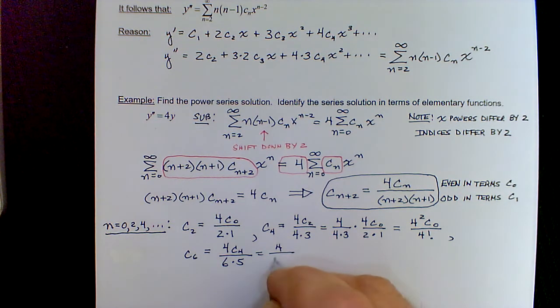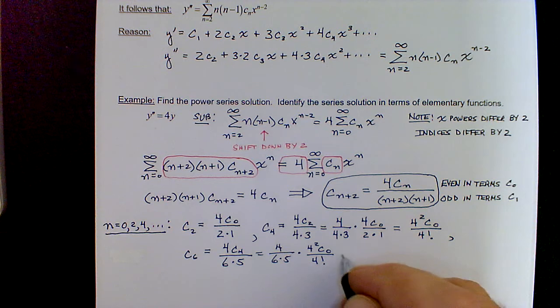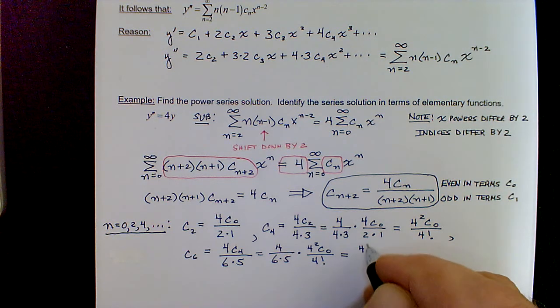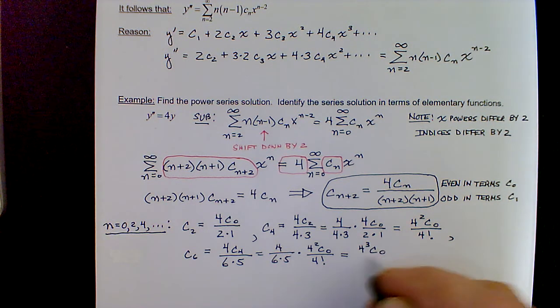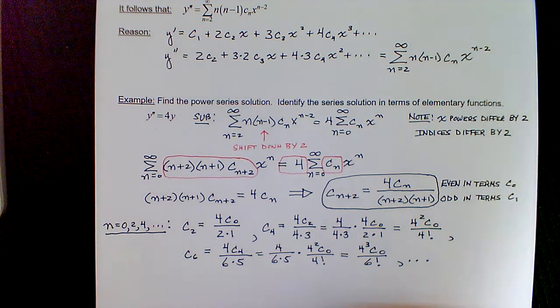So that'll be 4 over 6 times 5 times c sub 4, which was 4 squared c sub 0 over 4 factorial. So it looks like we've got 4 cubed c sub 0 over 6 factorial. Okay, and then you could find more terms if you want.